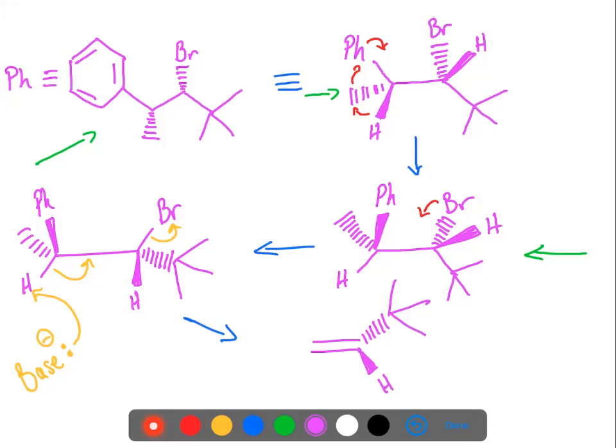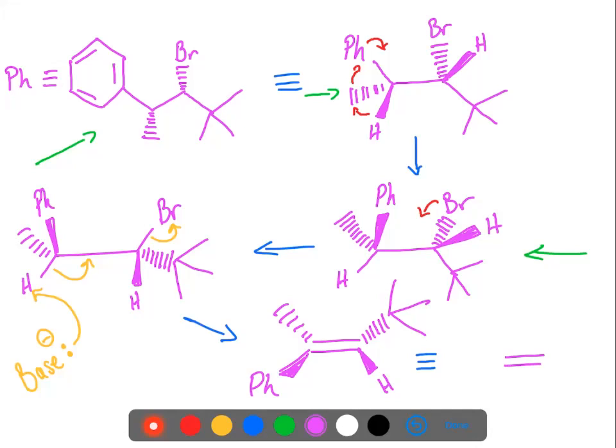We will have our methyl group in behind and a phenyl group coming out towards us. And so we can redraw this in our bond line structure where now we're looking at it kind of at the edge with the phenyl and hydrogen coming out towards us, but we can redraw that slightly to make it a little bit more clear.